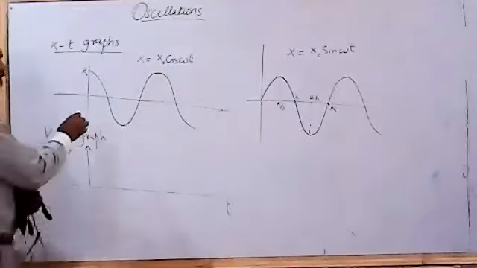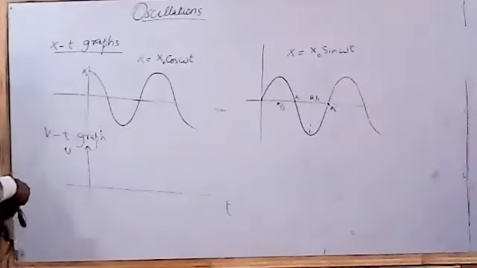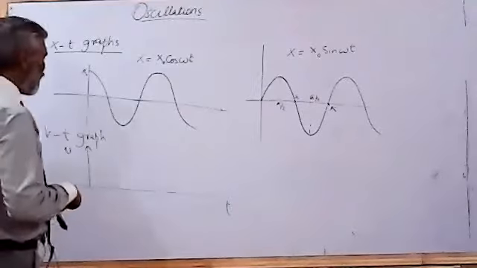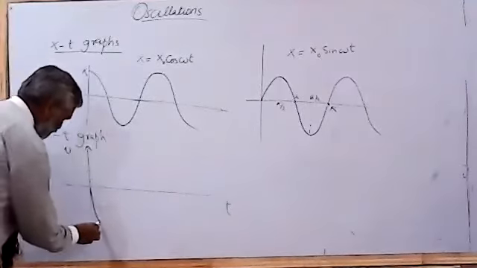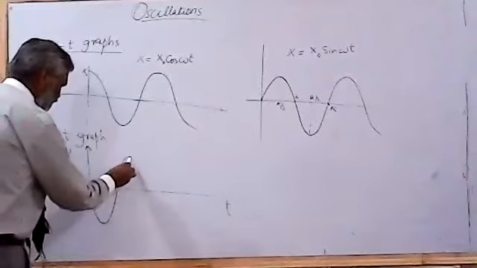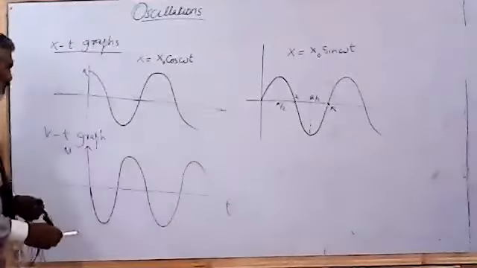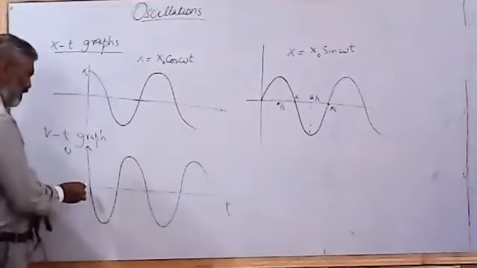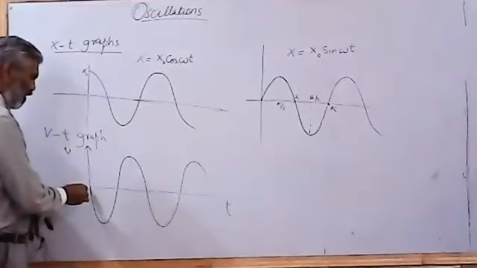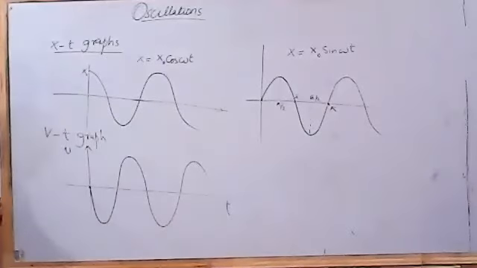If for this particular situation I want to know what should be the Vt graph, it could be something like this. Which means when I observed the object at the extreme position, it was not moving at all. So initially, the object is at rest.